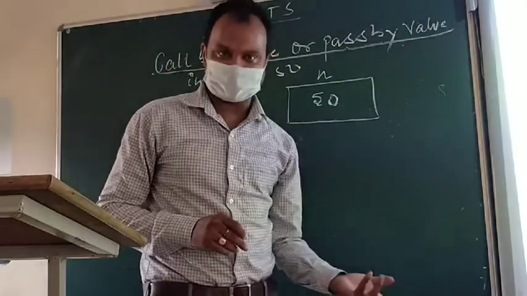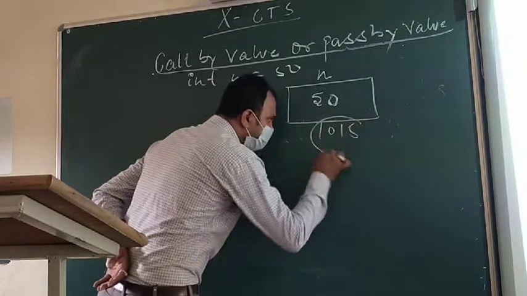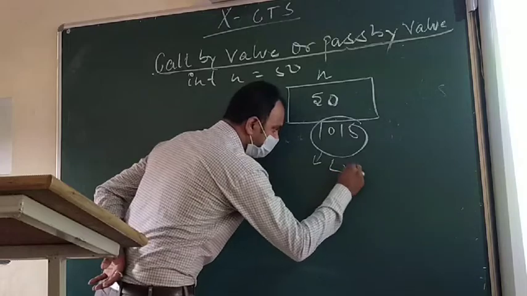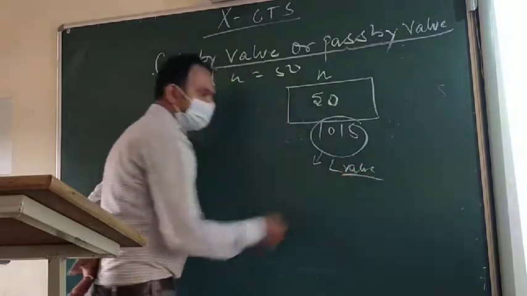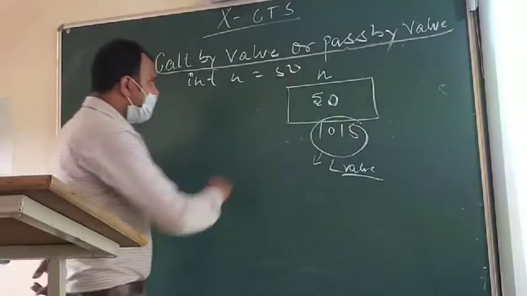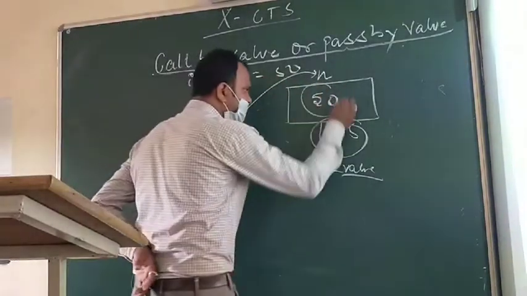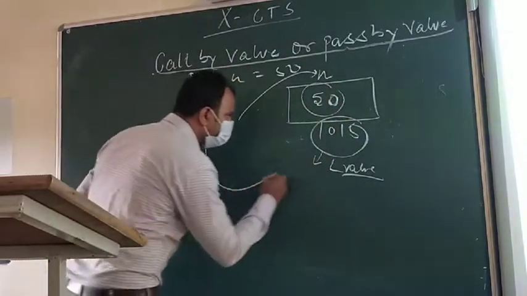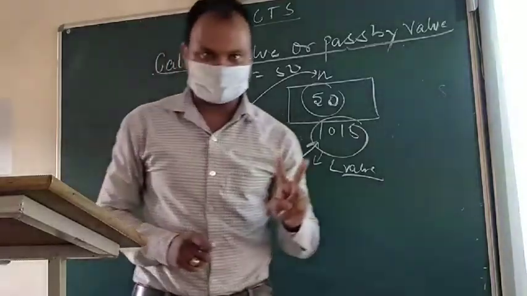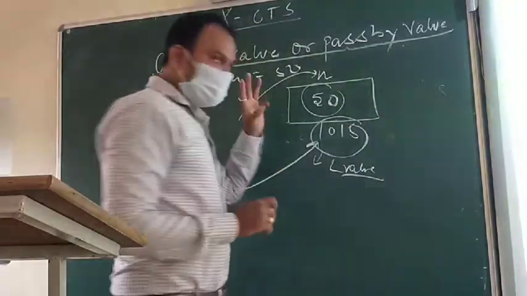Suppose this is the address; this is called the L value, the location value. I can directly call n and get the value 50, or I can go through this address and get the 50. So we have two ways to access a value.